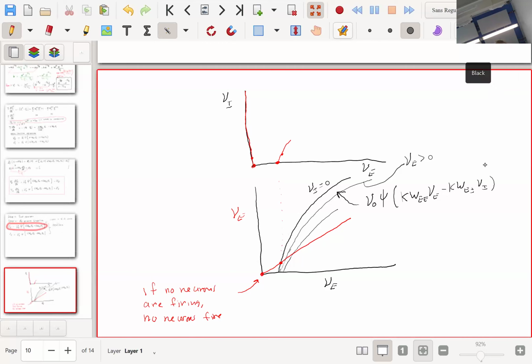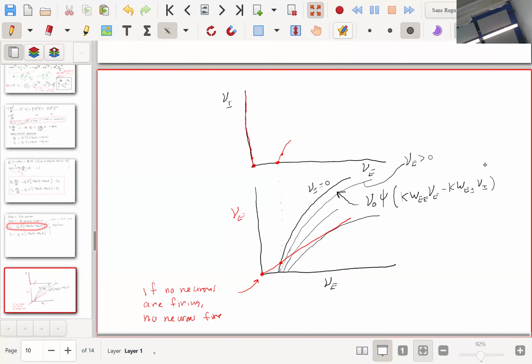Eventually, if nu I gets high enough, it's going to look like this, and in between, it's going to look something like this. So these curves saturate for real neurons. Maybe not our gain function.